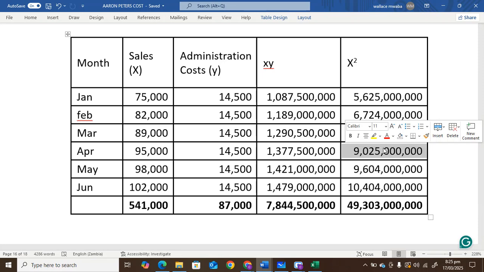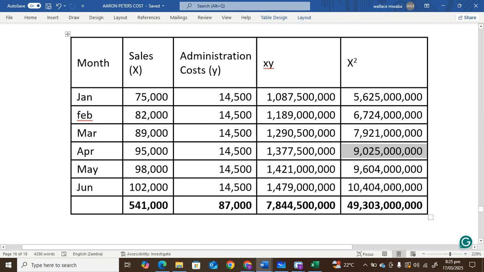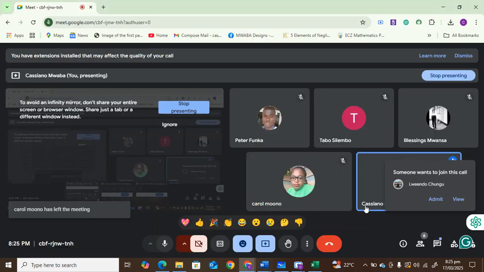Then I'm going to have to multiply x by y, and I have to square x. This is how I've got these values. So are there any questions before I proceed further?